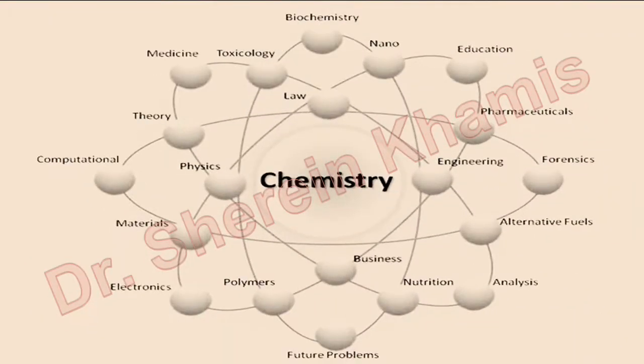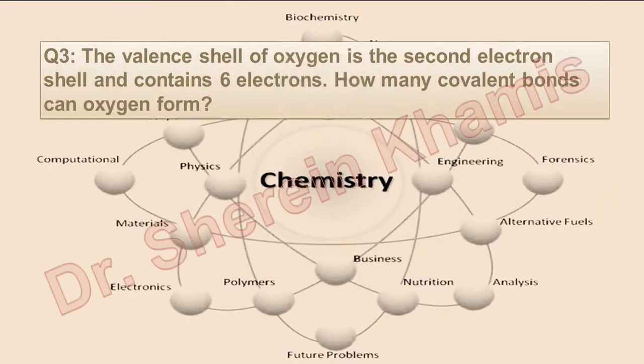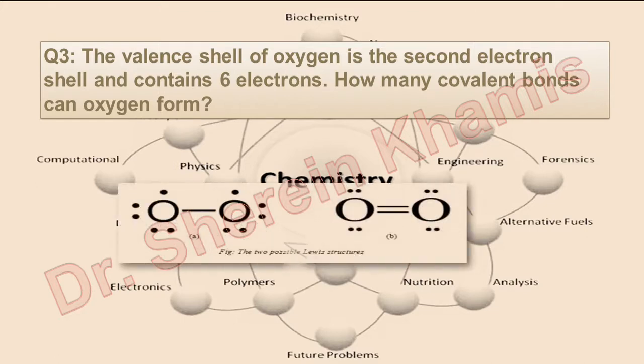Question number 3 says that the valence shell of oxygen is the second electron shell and contains 6 electrons. So oxygen is an electronegative element, as it has the ability to gain electrons. How many covalent bonds can oxygen form? It needs to gain 2 electrons, so the structure here has 6 electrons for each one.